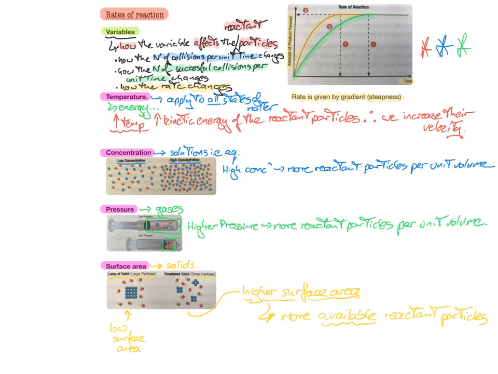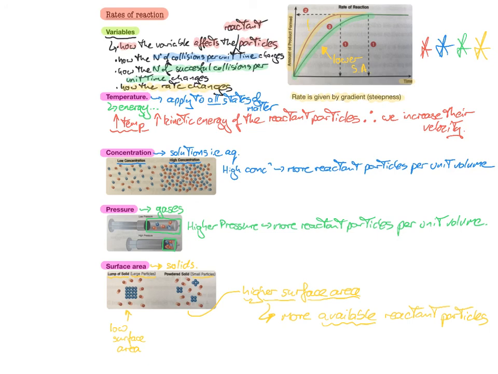So if we look up at the top again, I'll put my little yellow star there this time. If we are looking for high surface area versus low surface area, this is going to be the lower surface area curve, which gives us less collisions per unit time, less successful collisions per unit time, and a lower rate, i.e. a lower initial gradient.